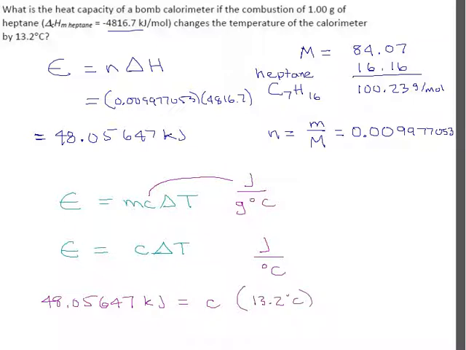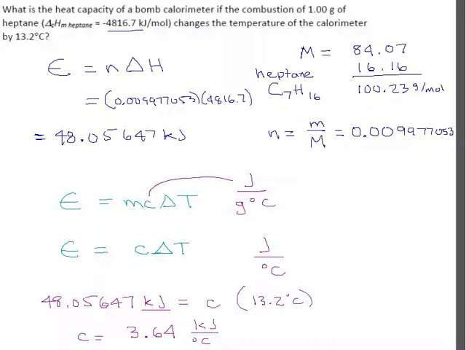So if we divide both sides by 13.2, we get that the specific heat for this calorimeter is 3.64. And this is kilojoules divided by degrees, so the C will come out in kilojoules per degree Celsius.